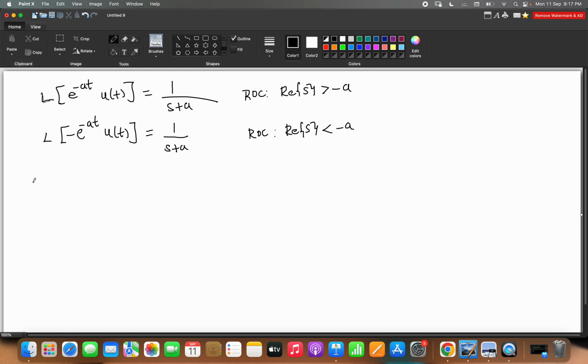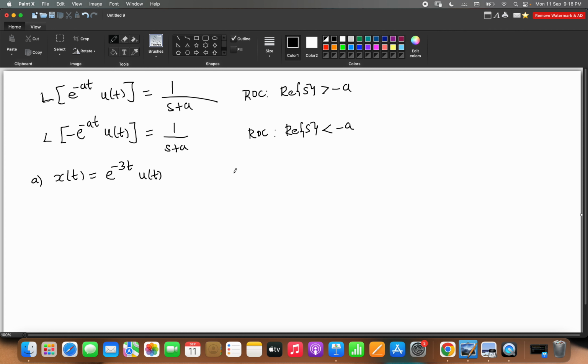We will see few problems. Let us consider the problem A. Here we are having x of t equal to e power minus 3t u of t. So if they are asking this kind of problems in 2 mark, you can just apply the formula and you can deduce the result.